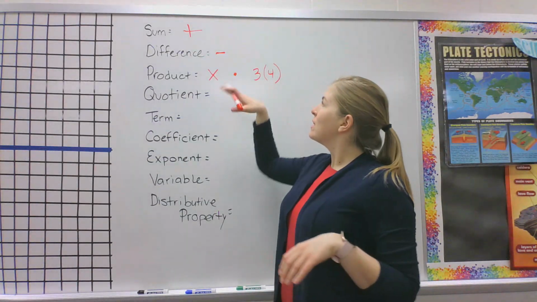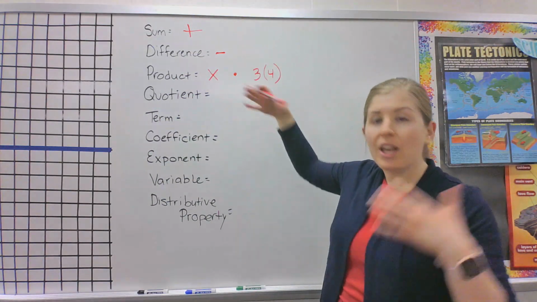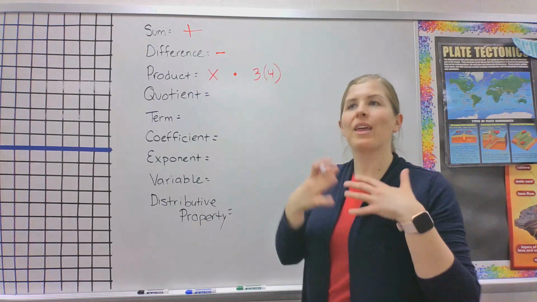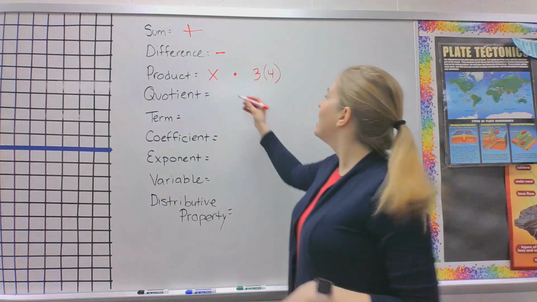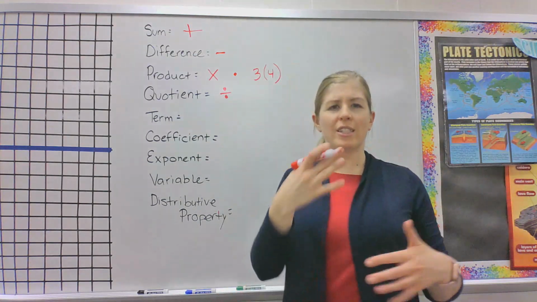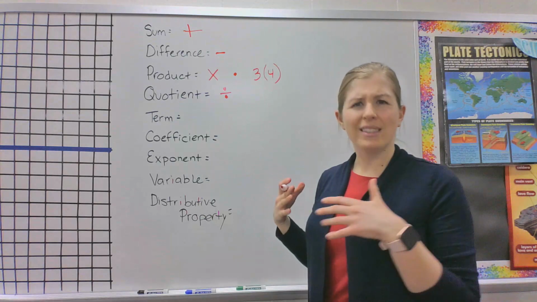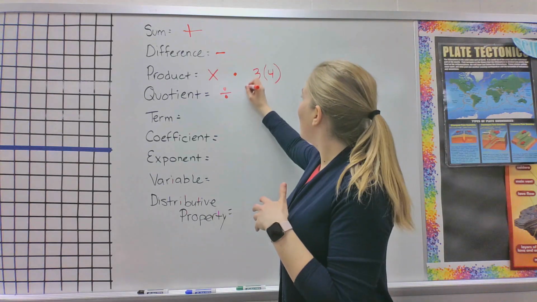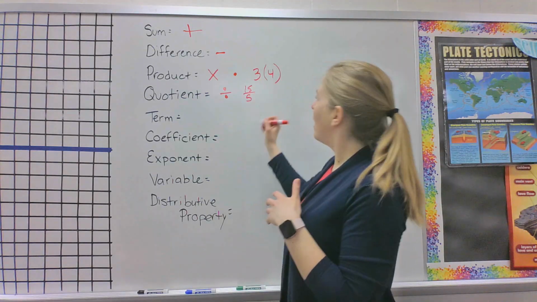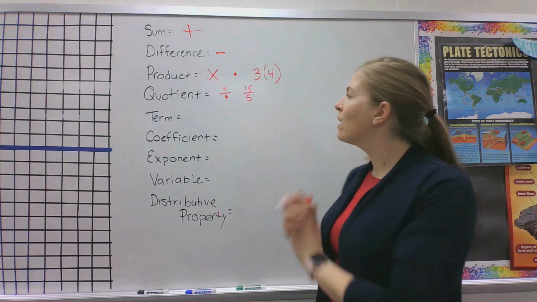So product means multiplication, and the inverse operation, a quotient, would be an answer to a division problem. Most of the time, as you're doing these expression evaluations, you'll notice that the quotients mostly come across as fractions. So you might have 15 divided by 5. You would see it written as a fraction, and that would be a division problem.